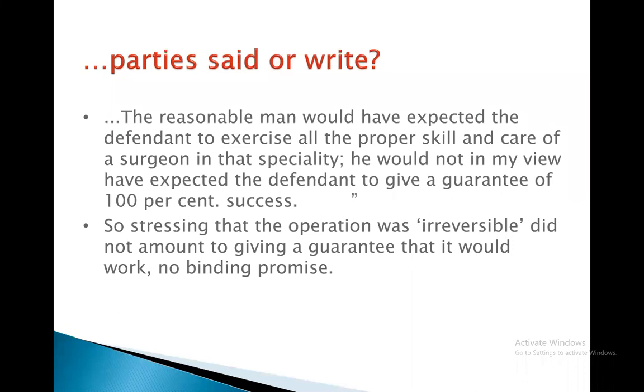So stressing that the operation was irreversible did not amount to giving a guarantee that it will work. No binding promise. In other words, the court was saying in Take and Morris that by the contract which the couple made with the doctor for the procedure, was it part of the terms of the contract that the procedure will be irreversible?